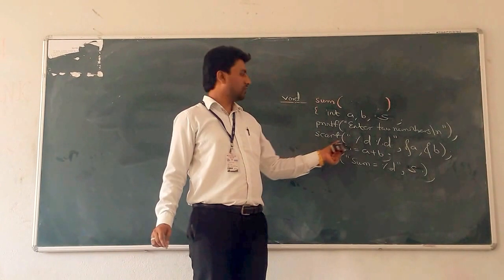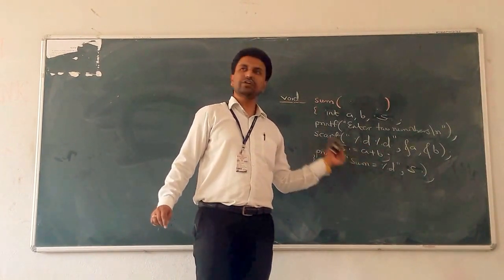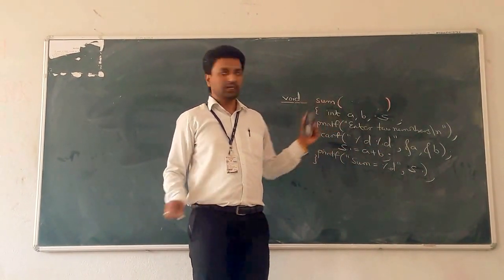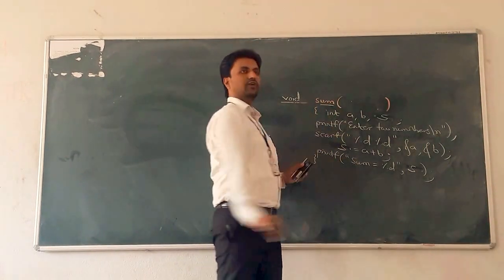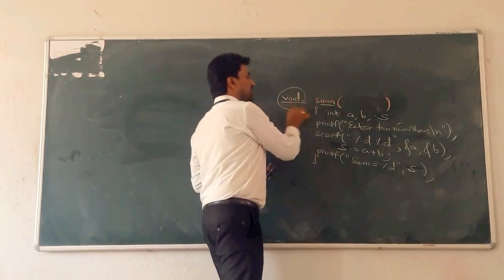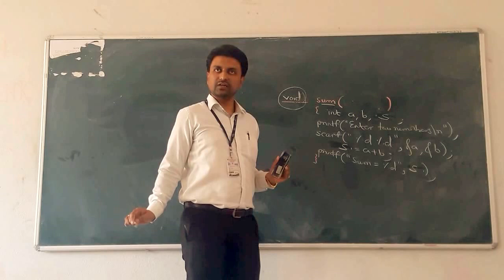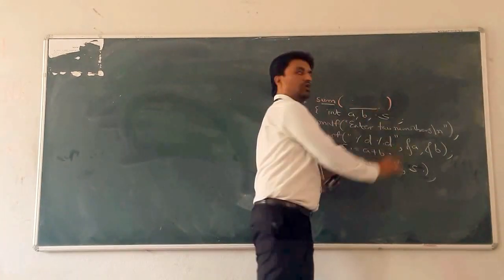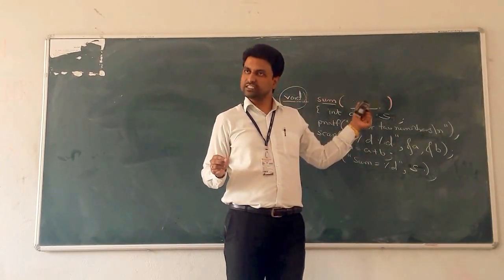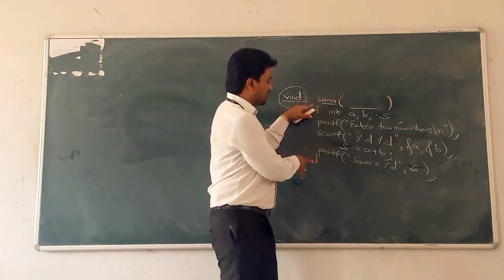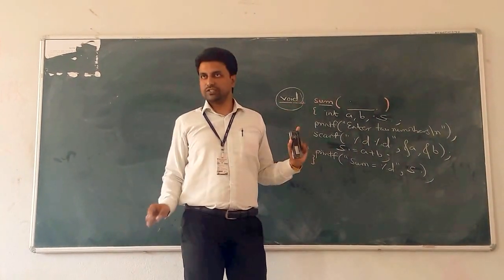The variable s is for storing the addition of two integer numbers. Clear? Sum is the name of the function, void is the return type of the function, there is no argument passed to that sum function, and this is called the body of the function.